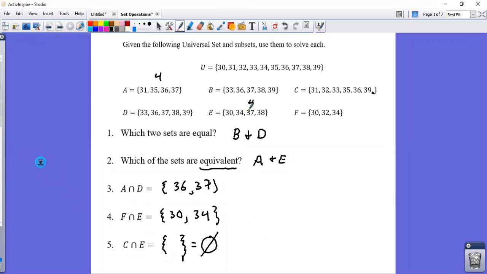Equivalent sets don't have to have anything in common at all. They just have to have the same number of elements. So you could say that B and D are also equivalent because they do have the same number, but it's better to describe them as equal. All right? Okay, thank you. Equivalent is just the same number of elements.